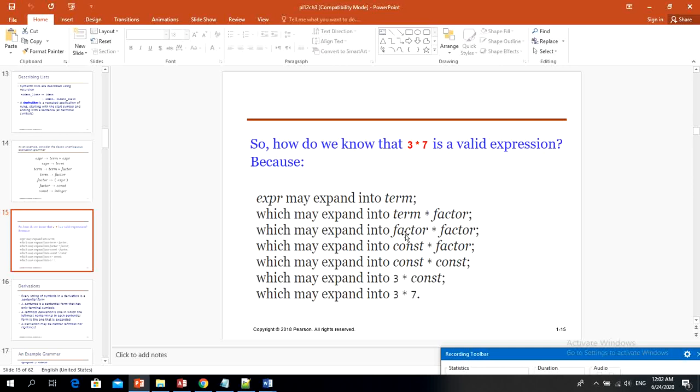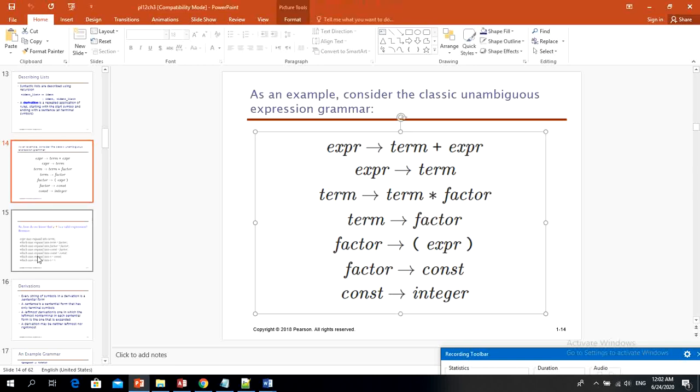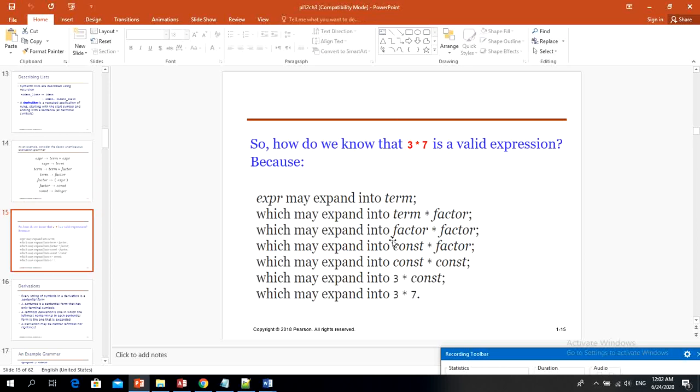Why factor multiplied by factor? Because a term could mean a factor. How do we know that a term could mean a factor? Because here it says a term could give me a factor. So here, factor multiplied by factor, because I was just substituting this term by factor.